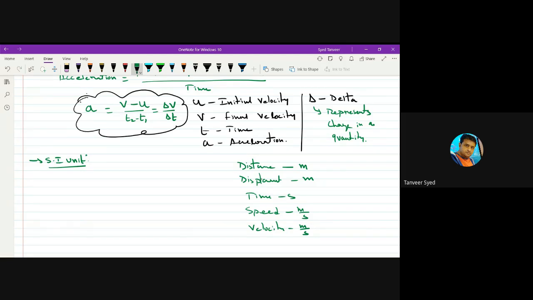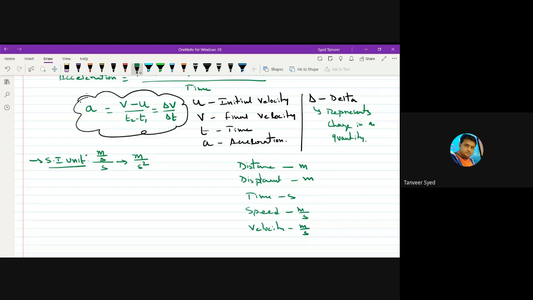So its unit must be unit of velocity, which is meter per second, by unit of time, which is second, which is meter by, second comes to the denominator, second into second, second square. Meter per second square is the unit of acceleration.